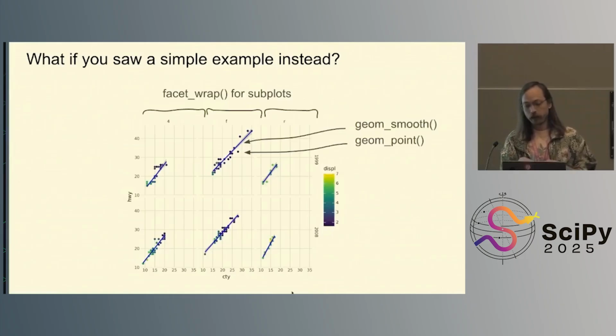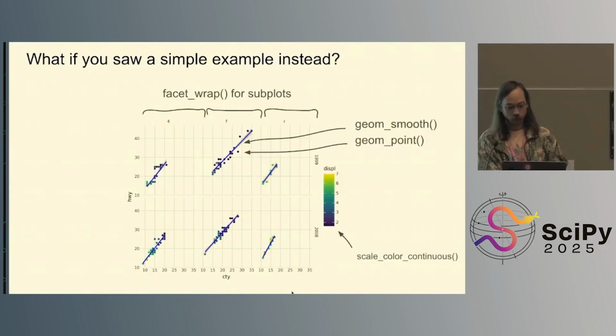And it could mention that it's using geom smooth and geom point to actually put things on the plot. So geom smooth puts that blue line in each of these subplots, and geom point puts the points there. And we could point out that scale color continuous is what makes this color bar from, say, blue to yellow.